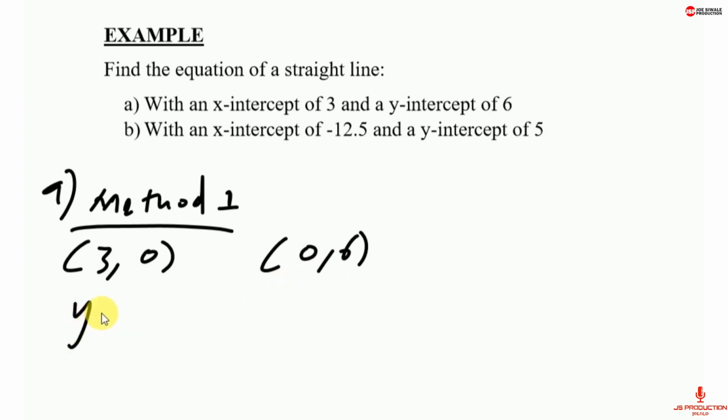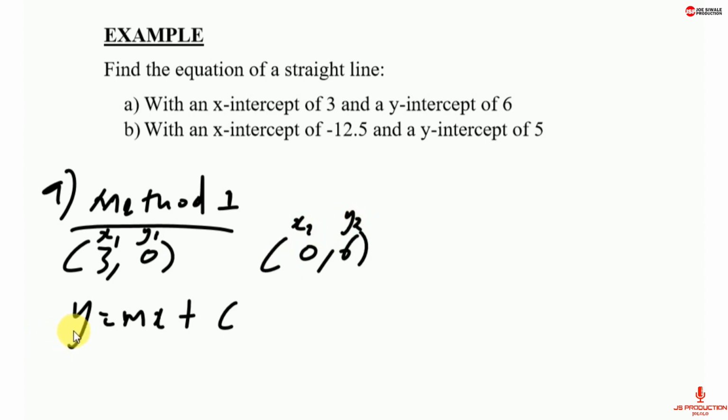So we can say y is equal to mx plus c there. This is our x and this is our y. This is also our x and this is our y. This is x1, this is y1, this is x2, this is y2.